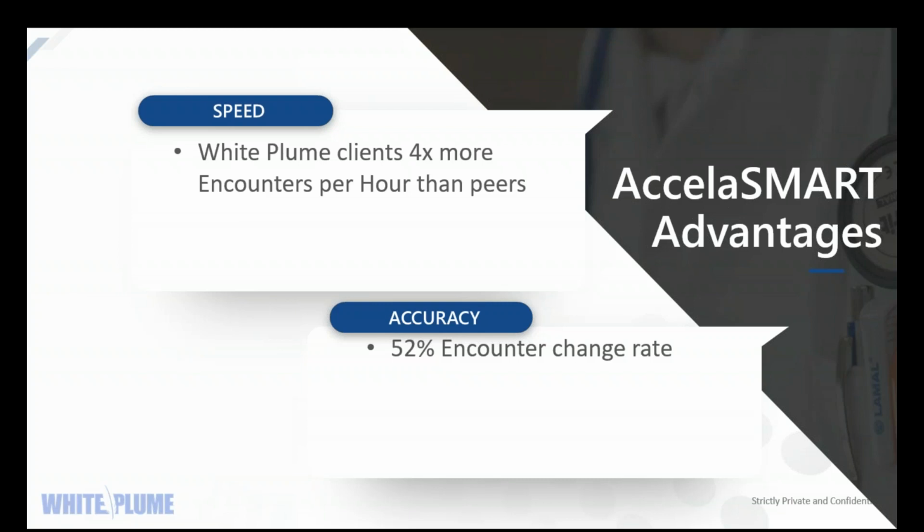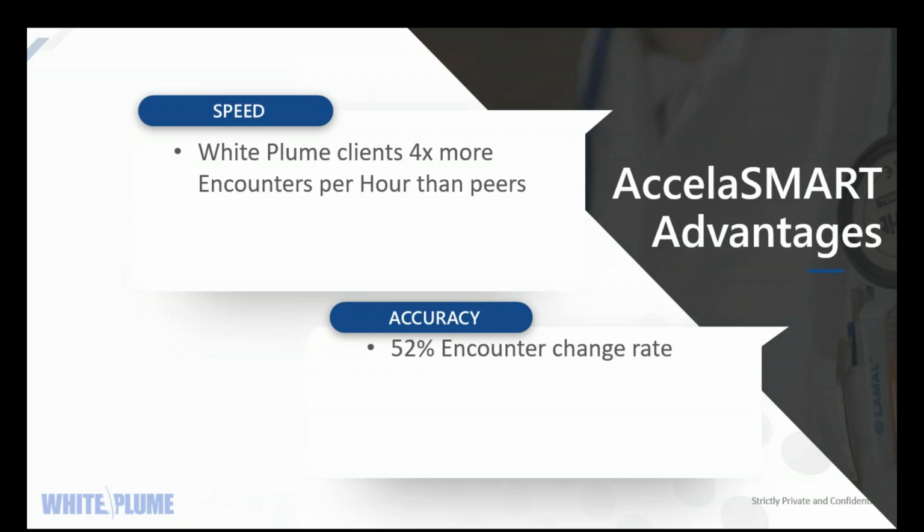One of the metrics that we look at, for those of you familiar with our analytics, is encounters per hour. And the average practice without White Plume can process 25 encounters per hour per person. So per biller, per coder, per FTE, they can process 25 encounters per hour. The White Plume client average is 107 per hour. That is a tremendous improvement from a speed perspective.